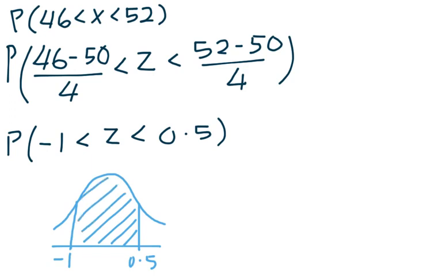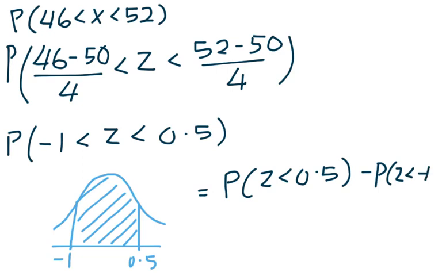And then again, when you have in between, it means the probability of the greater z less than, minus the probability of the lower z less than. So the probability is going to be the probability of z less than 0.5 minus the probability of z less than negative 1.